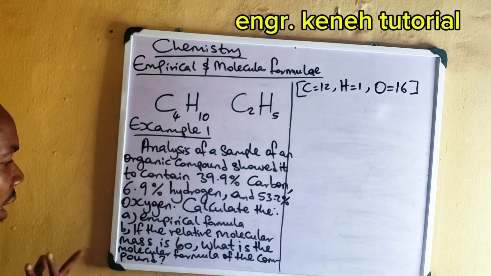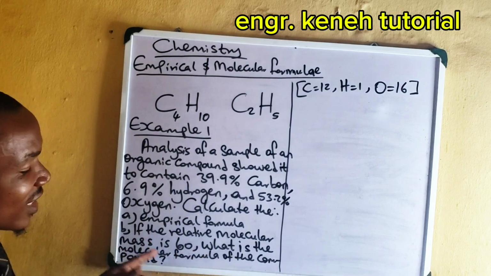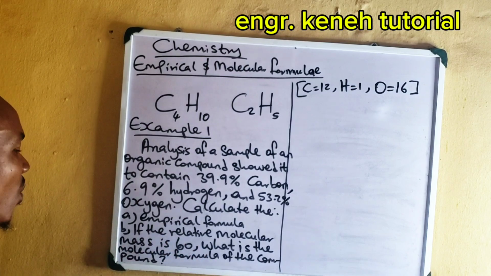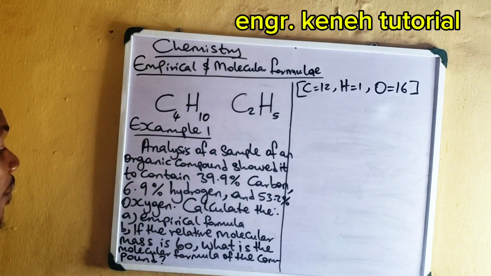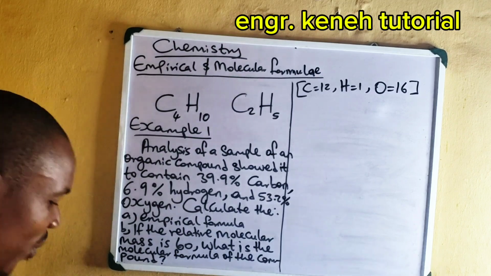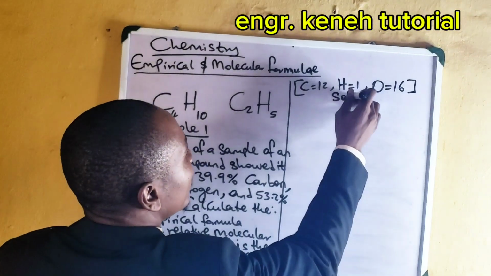Calculate A. the empirical formula. B. If the relative molecular mass is 60, what is the molecular formula of the compound? So here we are required to find the empirical formula and also the molecular formula. They are not difficult. Follow me. I'll show you how it can be solved. So we have the solution like this.